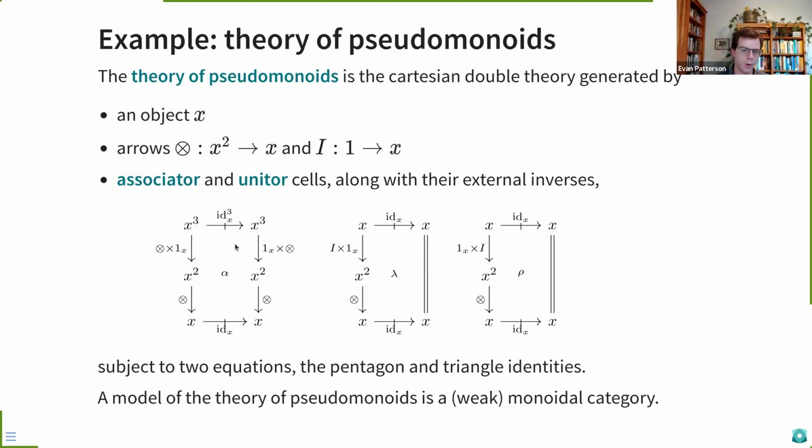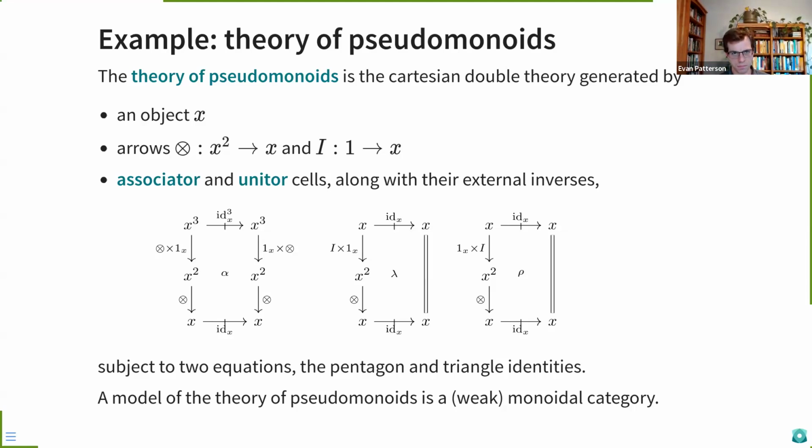Both of the examples that I've given so far, monads and pseudomonoids, are actually tight theories, in the sense that they're only using trivial pro arrows, but not all of the theories are like that.